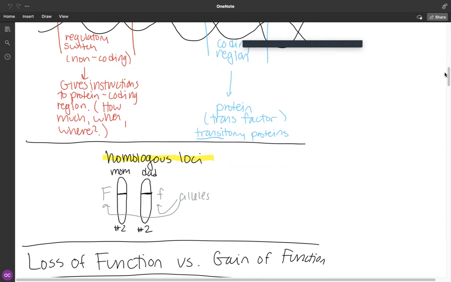So here I have chromosomes for number 2. Remember, they are a pair, so they're homologous. They go together. They have the same loci in the same locations, but you get different alleles. So you get, in this case, a dominant allele from your mom and a recessive allele from your dad, making you heterozygous for that specific trait at that locus.